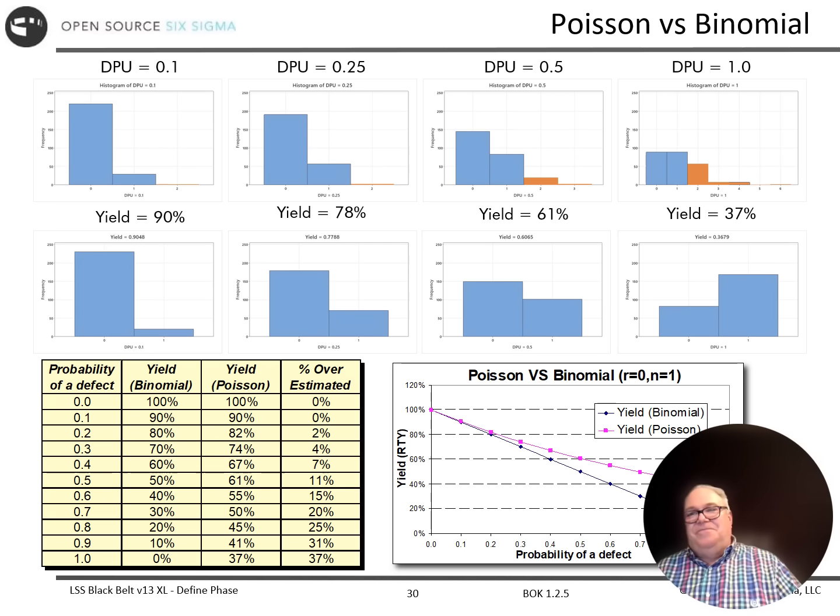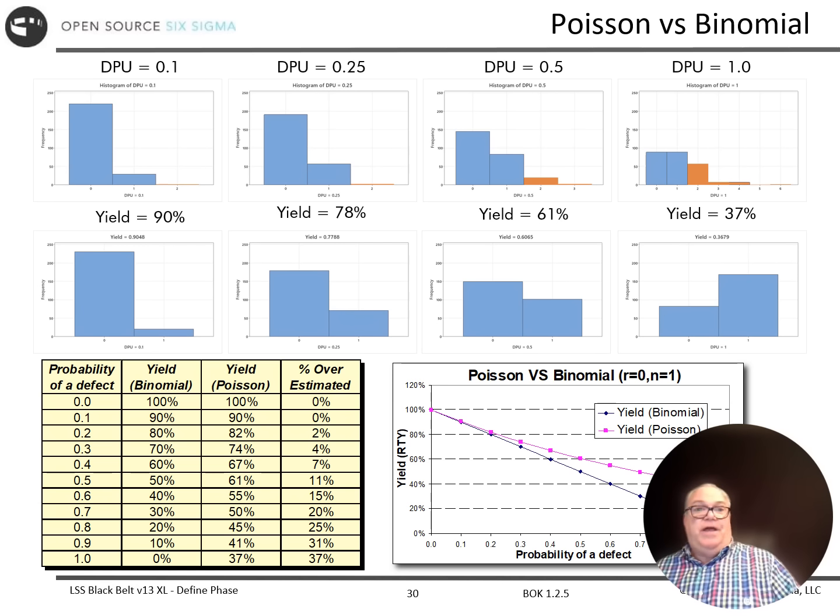I've got 63% bad ones and 37% good ones. On the other side of the coin, if I have defects per unit, it has a distribution that skews out to the right, where the DPU is actually the mean of the distribution.